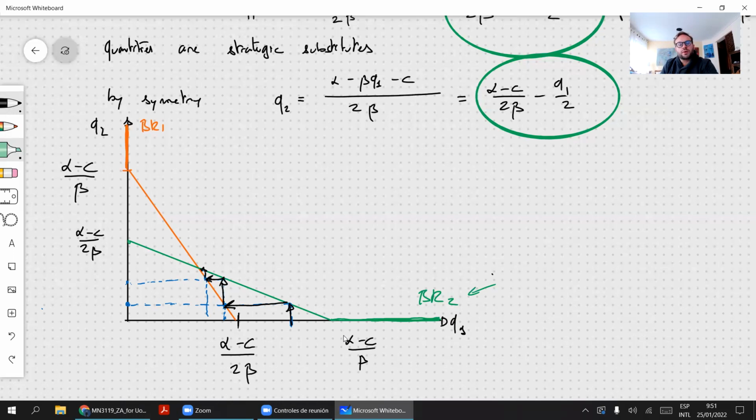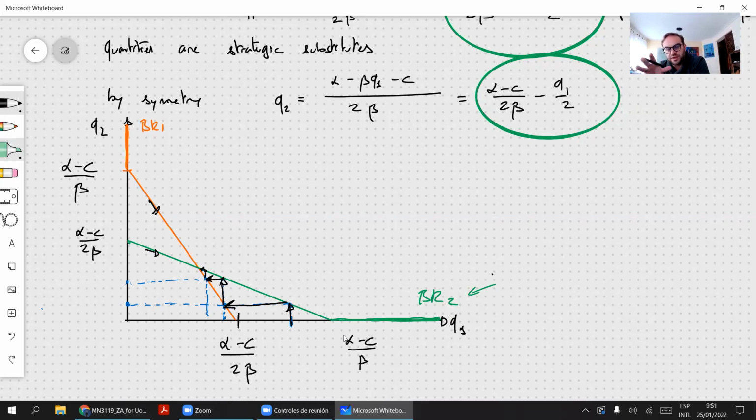Good. And if you go from the other side, you're going to get exactly the same. So whatever your starting point, you're going to converge to that. This happens because notice that the best response function of 1 has a steeper curve than the best response of 2. If this is not the case, which should never be in a Cournot, right?